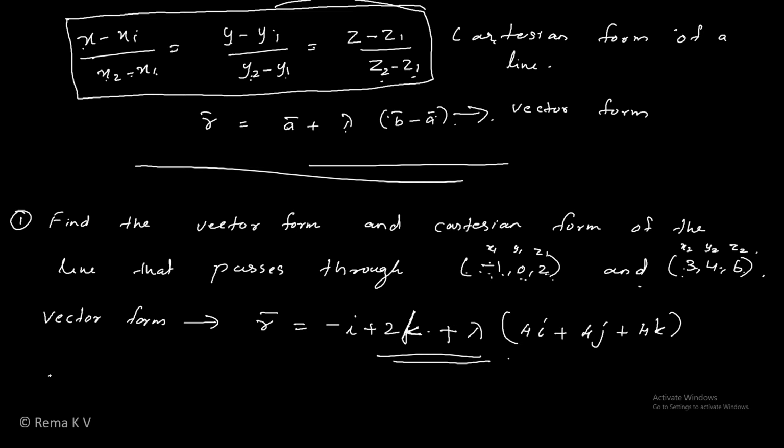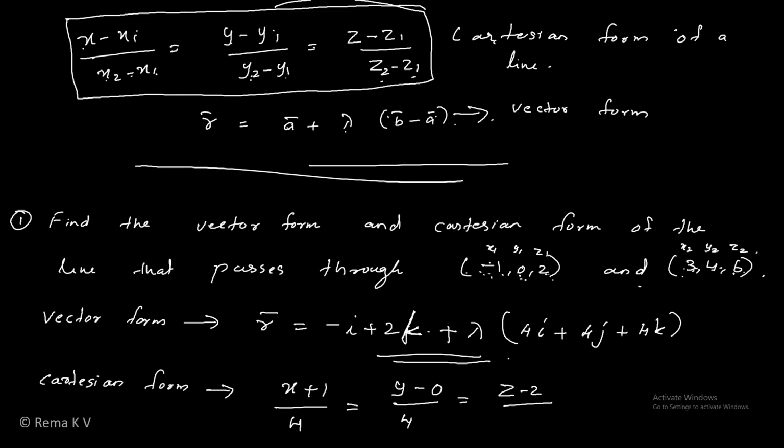And the Cartesian form can be written as: x minus x1, that is x minus (minus 1), by x2 minus x1, which is 4, equal to (y minus 0) by (y2 minus y1), which is 4. Again this is equal to (z minus 2) by (z2 minus z1), that is 4.